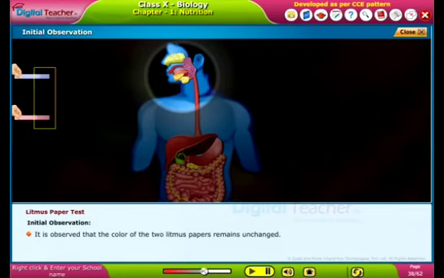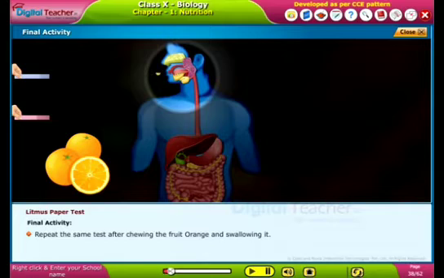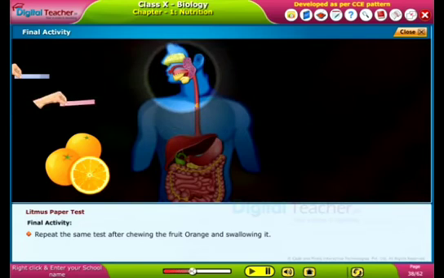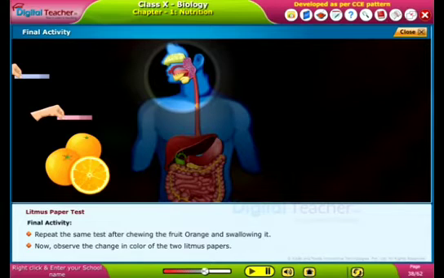Now, let us do an activity to learn about the nature of our saliva after chewing the food. Repeat the same test after chewing the food, orange, and swallowing it. Now observe the change in color of the two litmus papers.